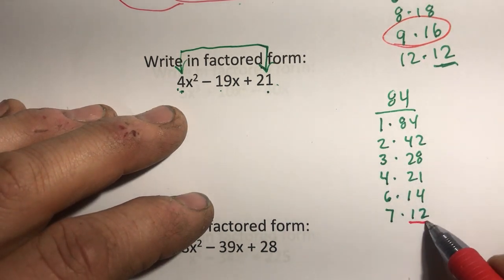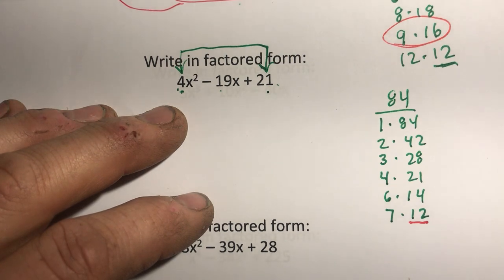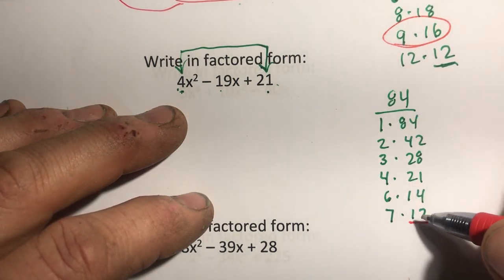And then 12 is next, and it's over here. So that tells me we're finished. So there's all the ways to multiply two numbers and get 84.